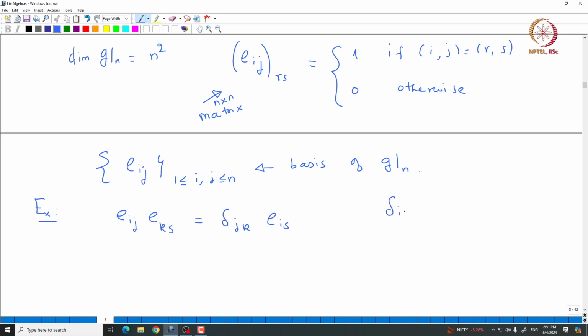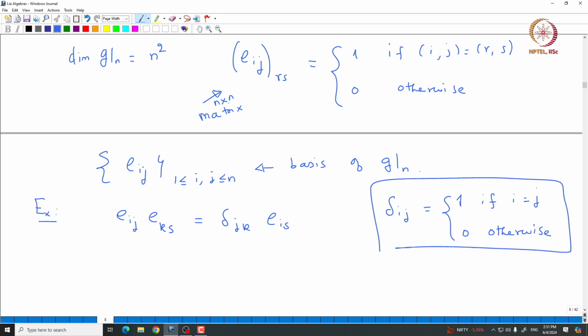The Kronecker delta delta_ij is defined to be 1 if i equals j, 0 otherwise. So this is the definition of the Kronecker delta. It's a standard notation. Now it's easy to verify that whenever you take the multiplication E_ij E_ks, you get delta_jk E_is.